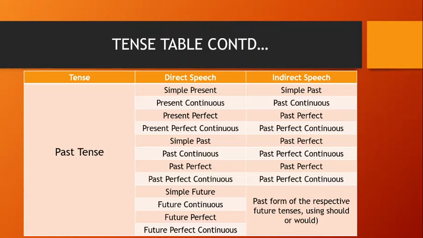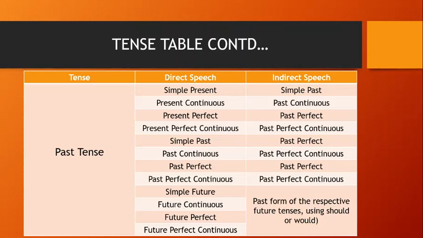Basically, simple past becomes past perfect, and past continuous becomes past perfect continuous. These are the two exceptions which you must remember. Simple past becomes past perfect, and past continuous becomes past perfect continuous. The remaining cases remain unchanged.